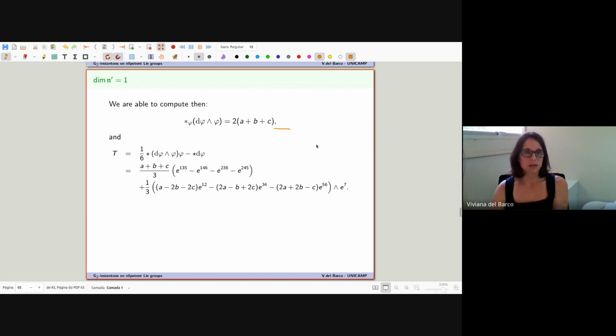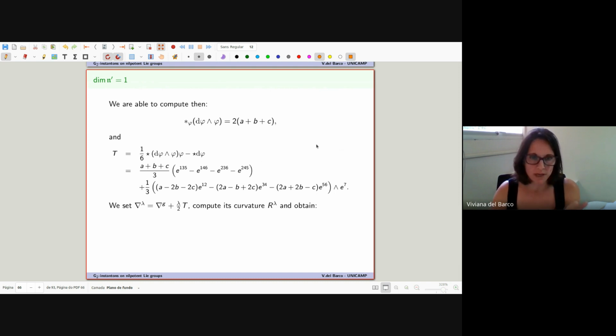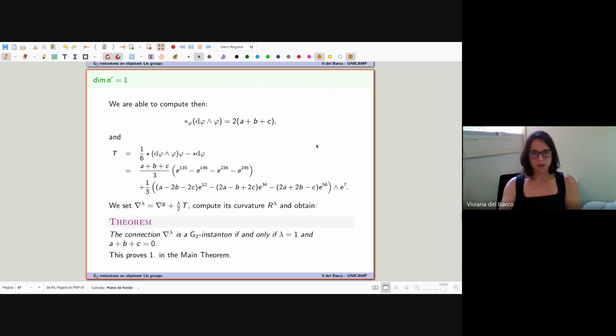This term, then the torsion, then nabla, which of course is a matrix of 1-forms, which is already very complicated, and the curvature very complicated. And what we did in this case, n prime equal to 1, we proved that the connection is an instanton if and only if lambda equals 1, as I told you, and a plus b plus c is 0.